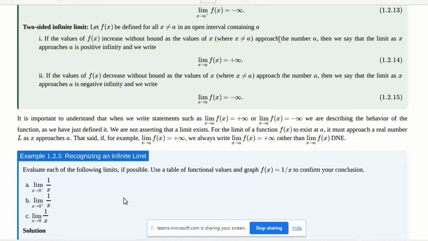So with the other one, similarly, we have a Cartesian plane. We are imagining we have a function. We are substituting values that are becoming smaller and smaller, but they're coming from the right of 0. So they're coming from positive infinity and approaching 0. We start with 0.9, 0.09, 0.009, 0.0009, 0.00009.